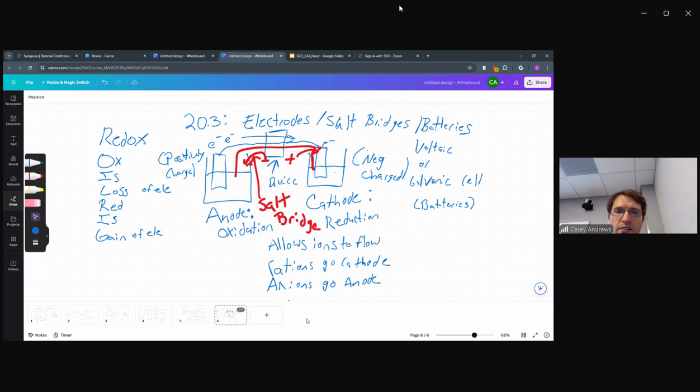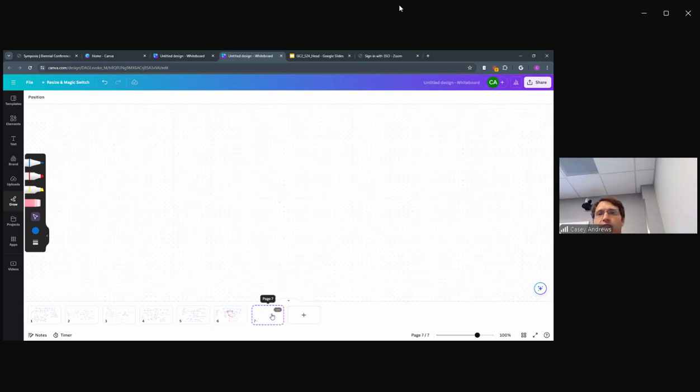All right, let's talk about cell notation. So I'm going to redraw a battery.